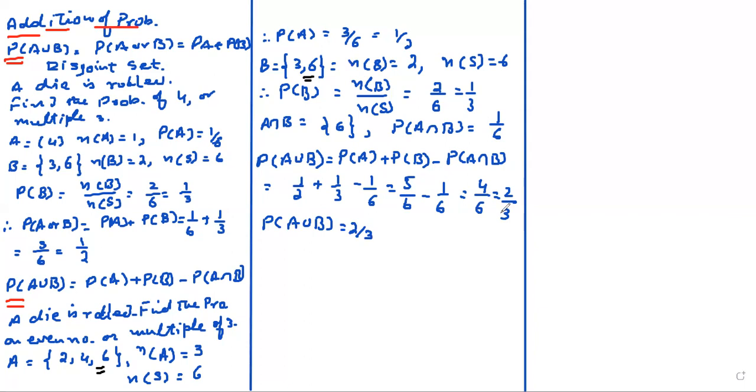Right. Now, again, one example. A dice is thrown once. Find the probability that a prime number or an odd number appears.